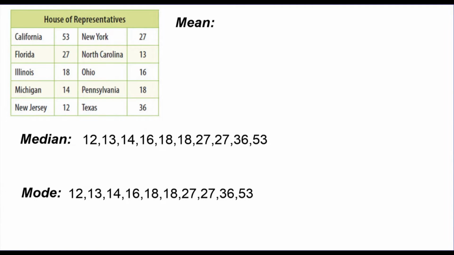So to find the mean, or the average number of representatives per state, the first thing we're going to need to do is add all of these values together, and I have done that already. And the sum of these numbers is 234.